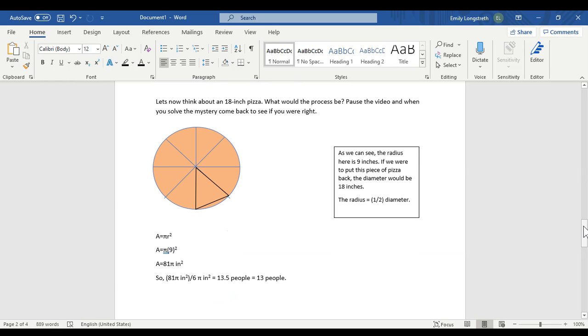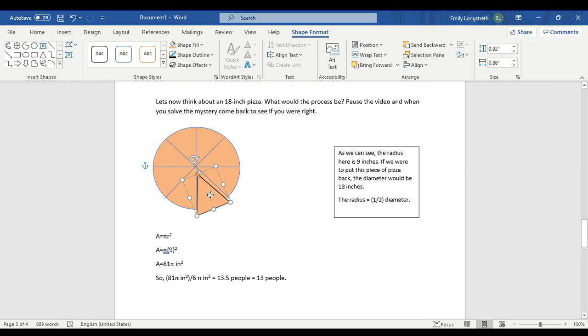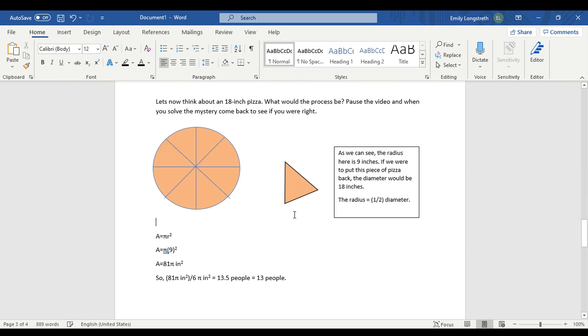So, welcome back to the video. As we can see, the diameter of this pizza is 18 inches. And if we take one slice out, that tells us that the radius is 9 inches.